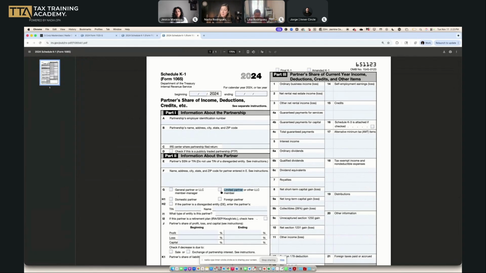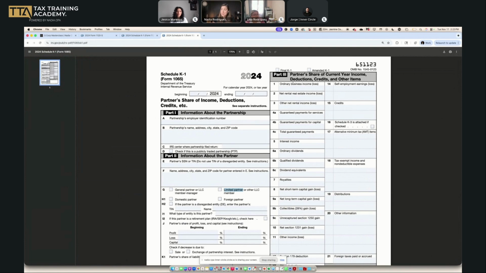That's the thing that I see sometimes with clients when they're marked as limited partner, but they're very active. I'm like, you're not a limited partner. We need to make you not a limited partner. Even if their partnership agreement says so and so is the general partner, they're the ones who pay the self-employment tax, right?